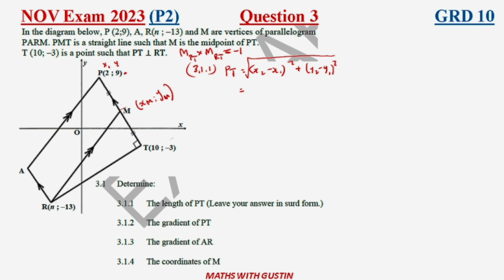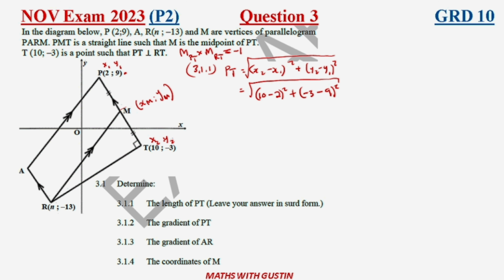This will be x1, this will be y1, this will be x2, and this will be y2. So we're going to substitute all of that into our formula. It's going to be (10 minus 2) all squared plus (-3 minus 9).